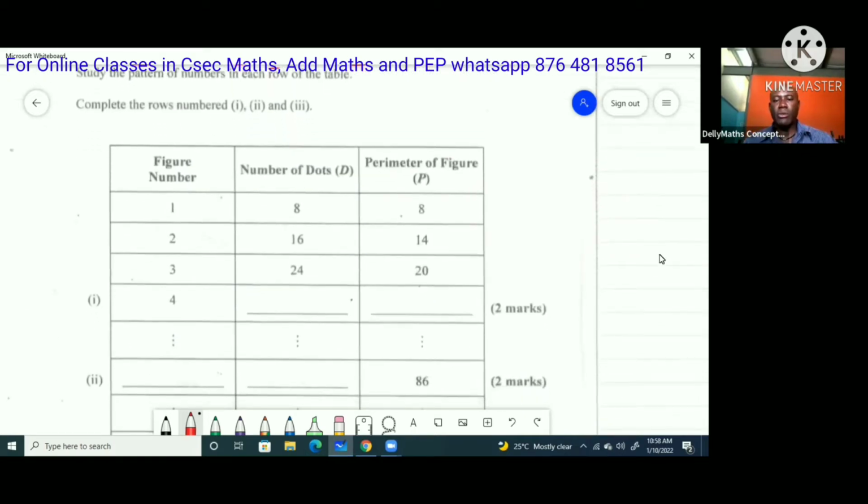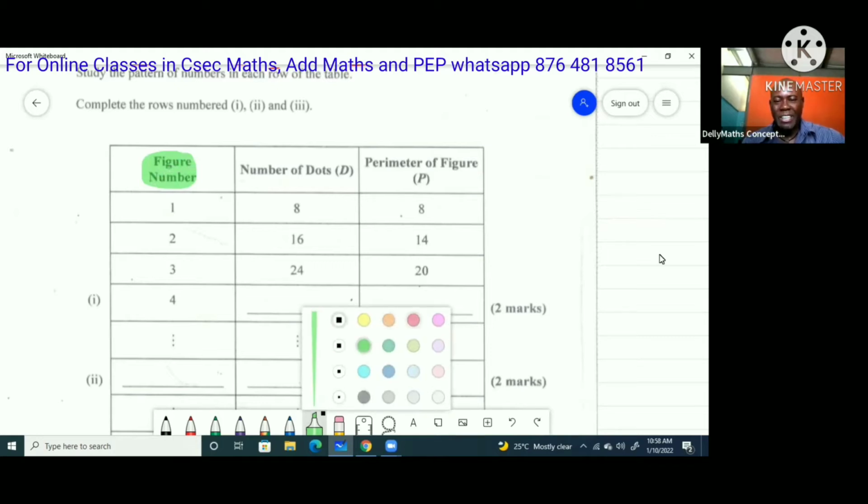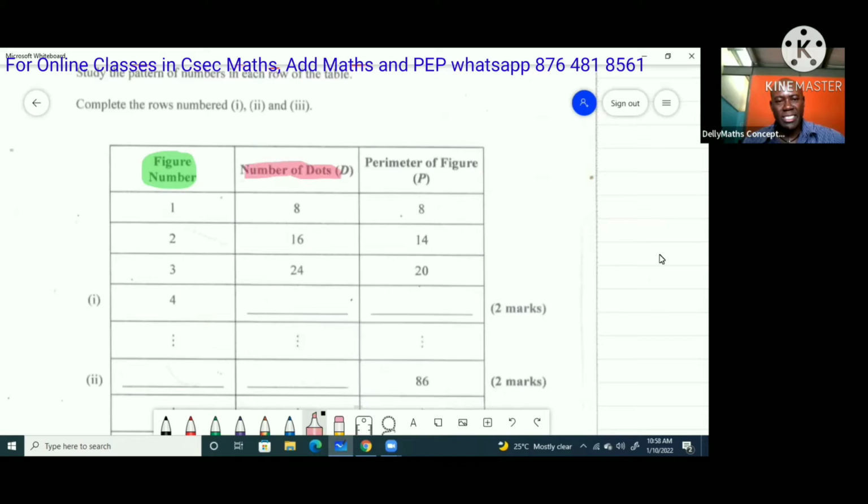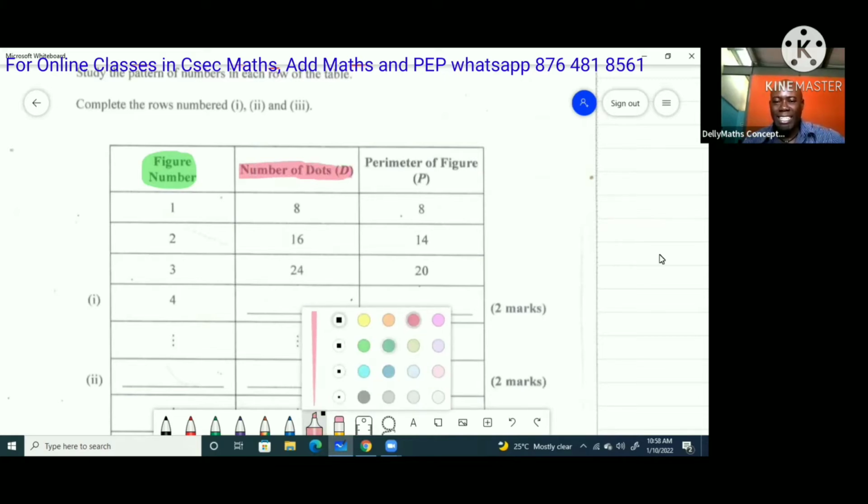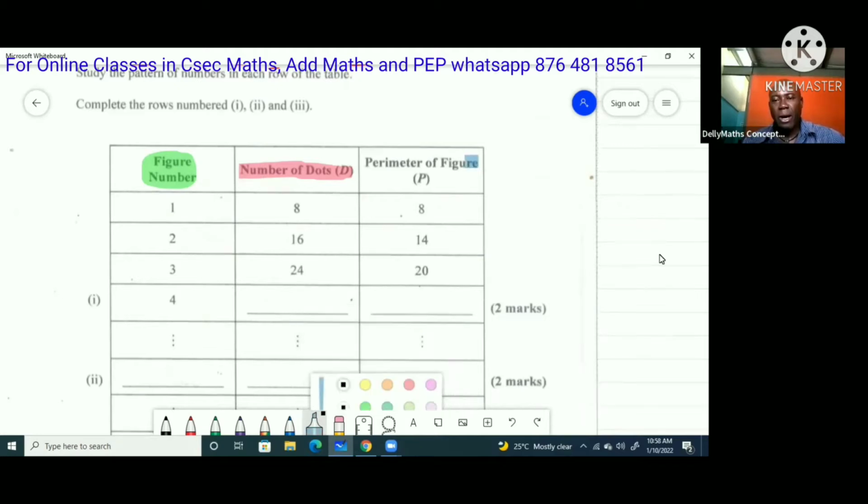But what I could say to you, though, what I've noticed with all of these questions is that there is a direct relationship between column 1 and column 2. And there is also a relationship between column 1 and column 3.